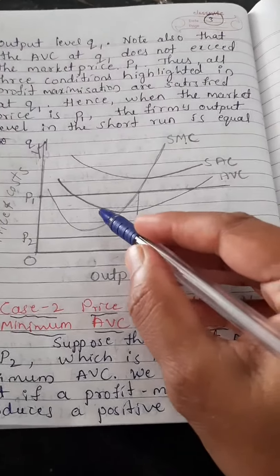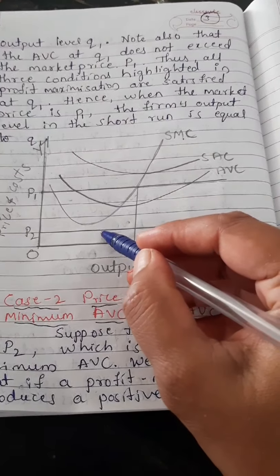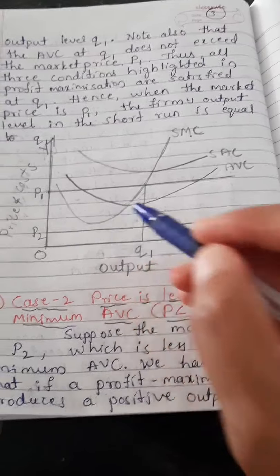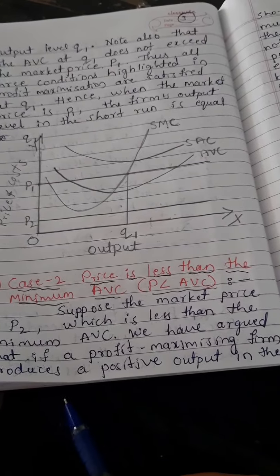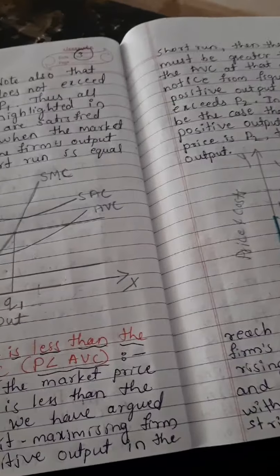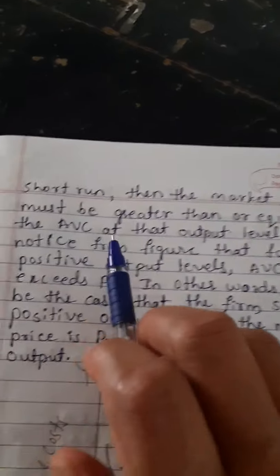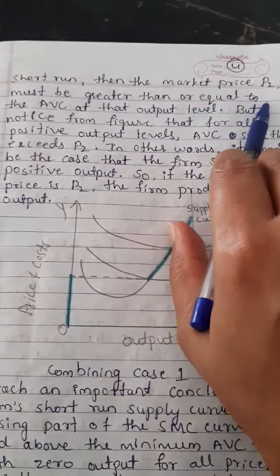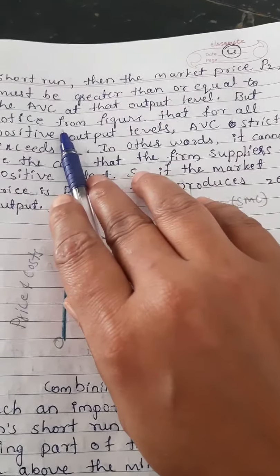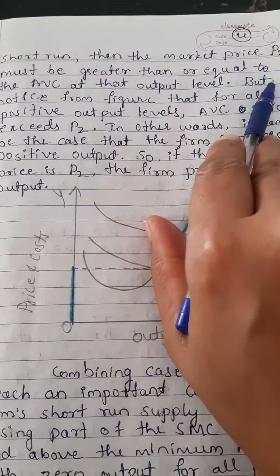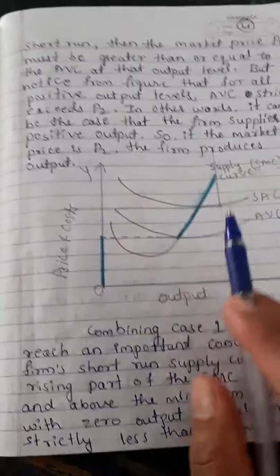We can see here this is the AVC curve, P2 is below it, the price is below. We have argued that if the profit maximizing firm produces a positive output in the short run, then the market price P2 must be greater than or equal to the AVC. But at P2 they cannot earn a profit.